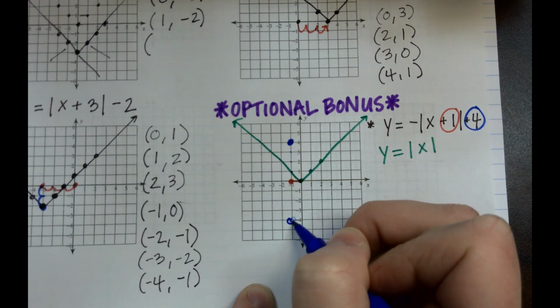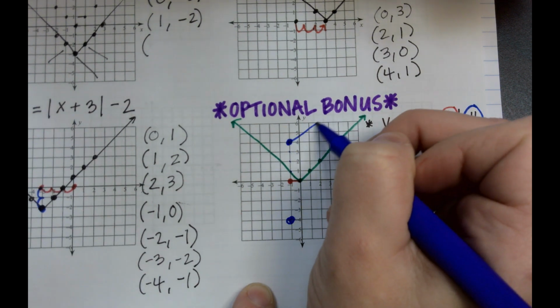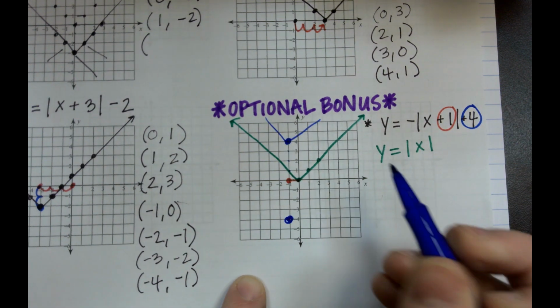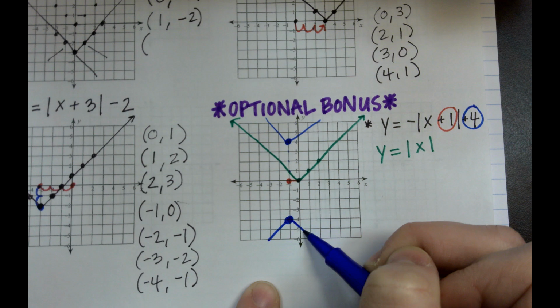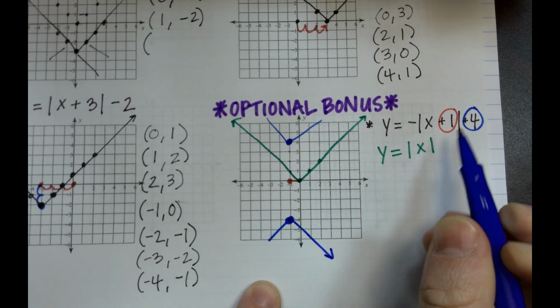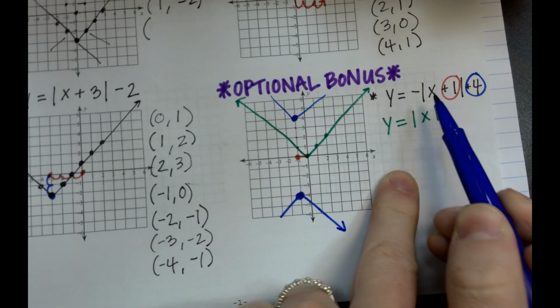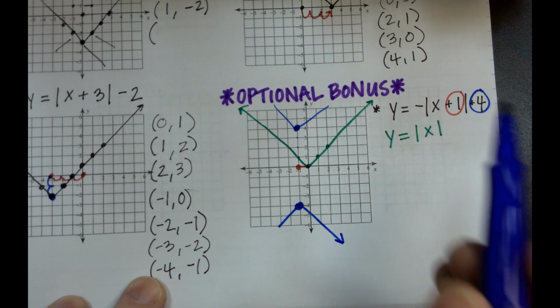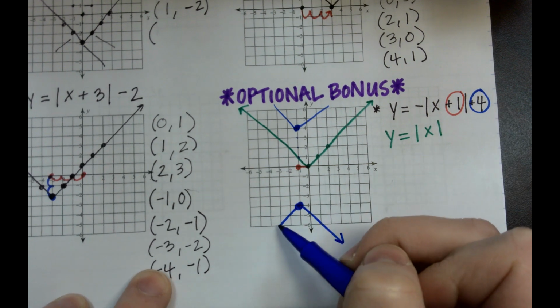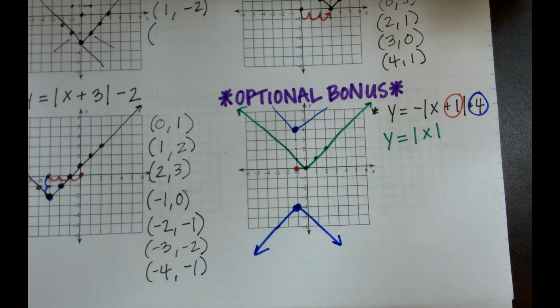And instead of your graph opening up, now it opens down. I think you said that was possible. It's not possible unless there's a negative outside. That's the only exception. This is a very special case. So that little piece at the bottom of that graph is what we're supposed to draw. Yes, this would be the answer.